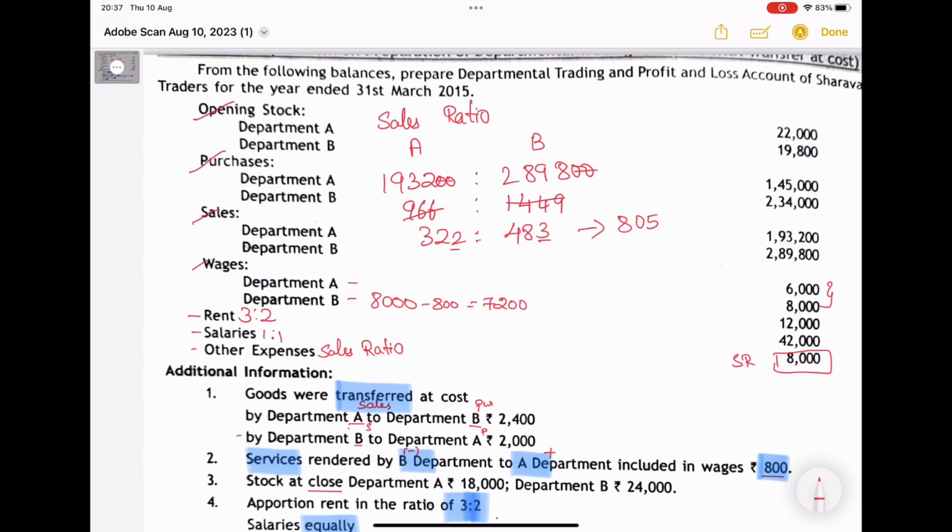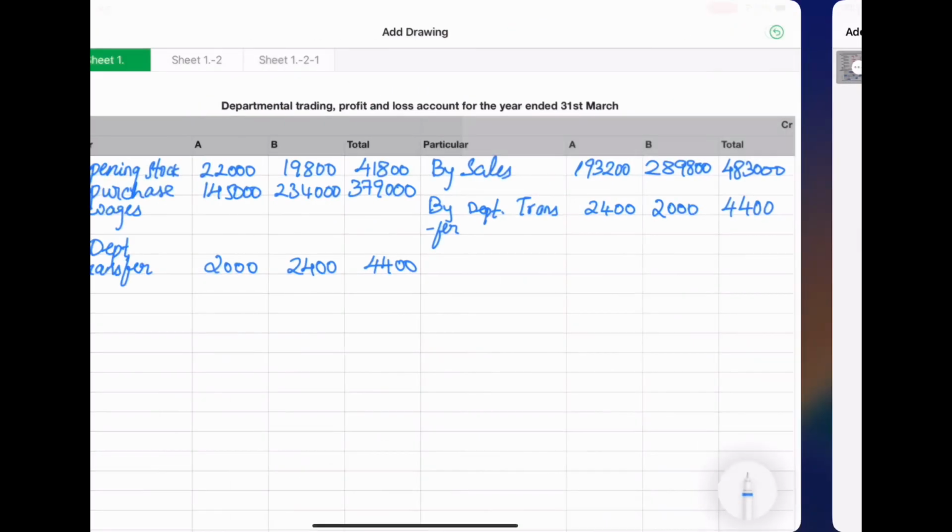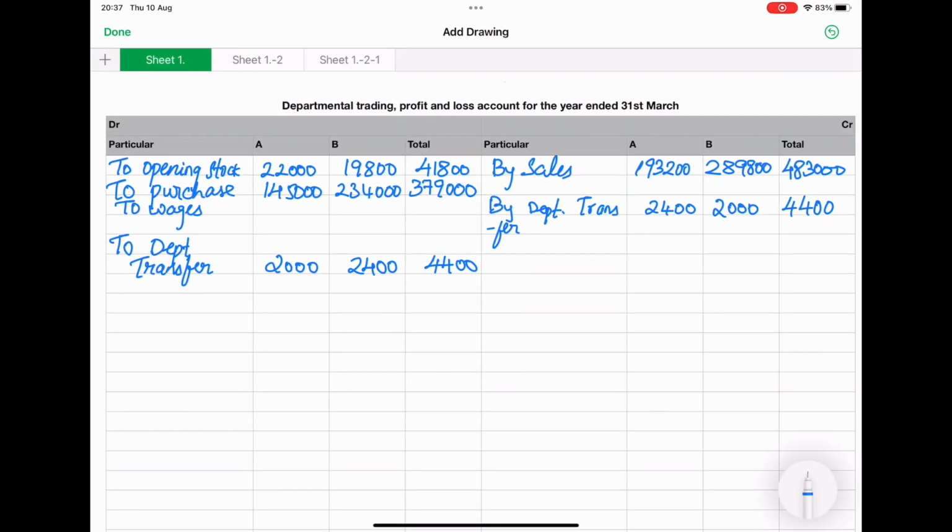For 6,000 we are going to add it back, so 6,000 plus 800, 6,800. This is the answer. Total amount remains the same. So wages 6,800, 7,200, total 14,000.